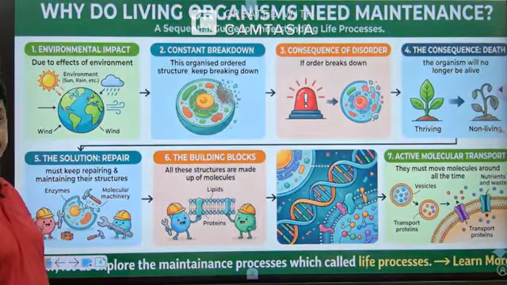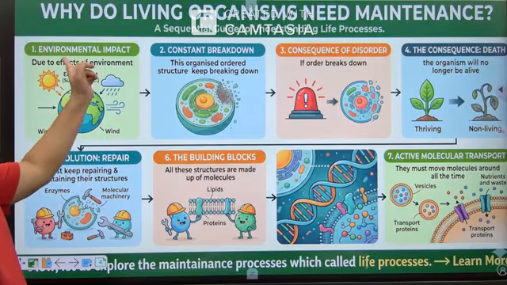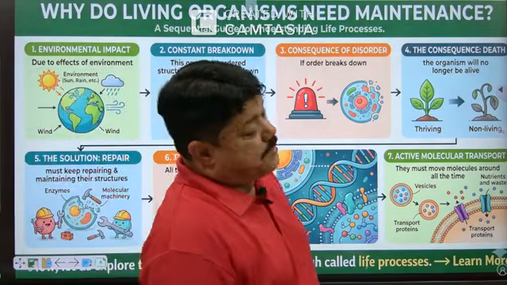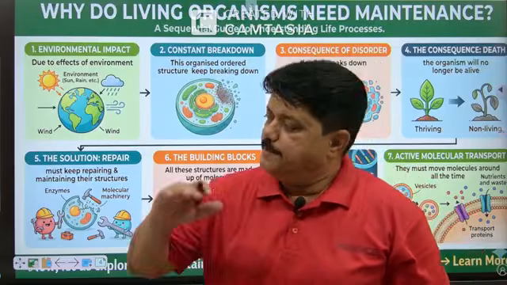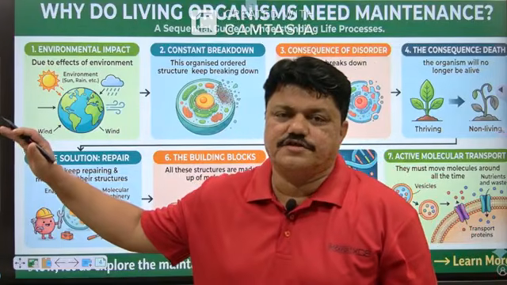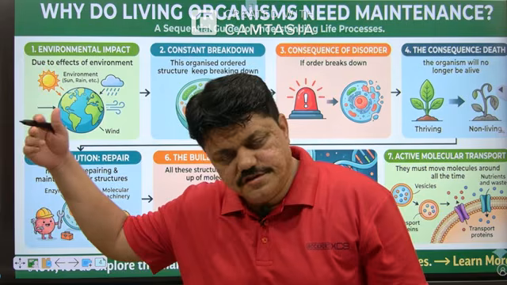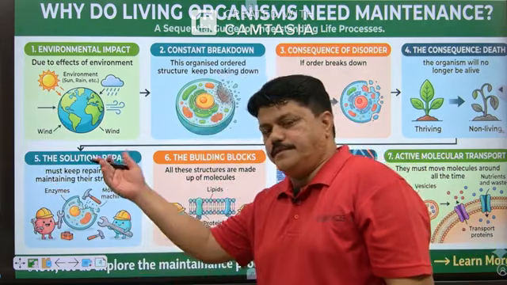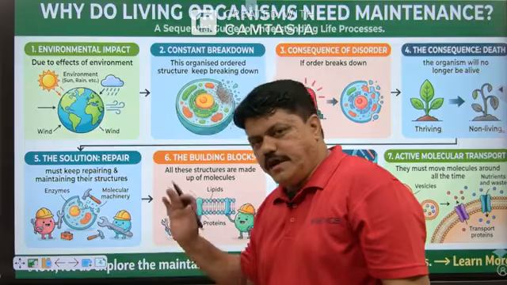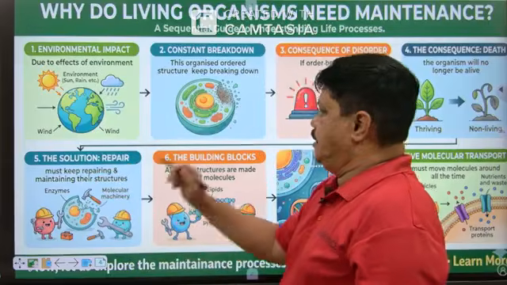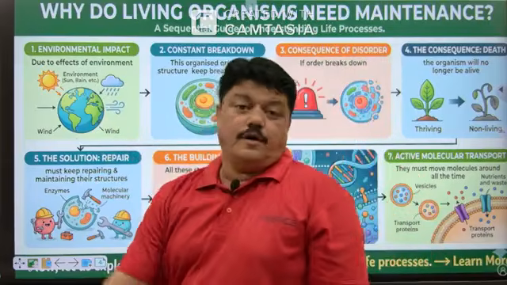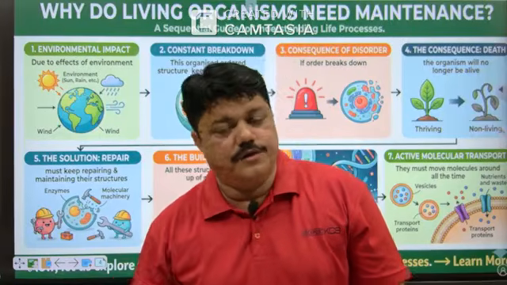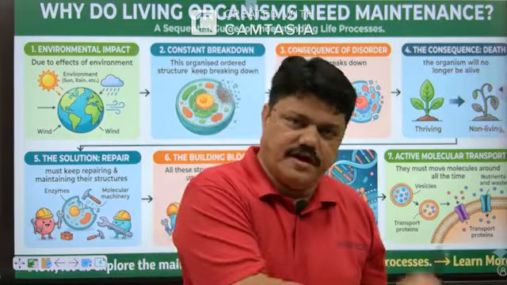Now what happens is, due to environmental impact, we know that the environment never stays constant, it keeps changing constantly. So we have to adapt according to the changing environment. And we have also discussed in detail the wear and tear theory of aging.